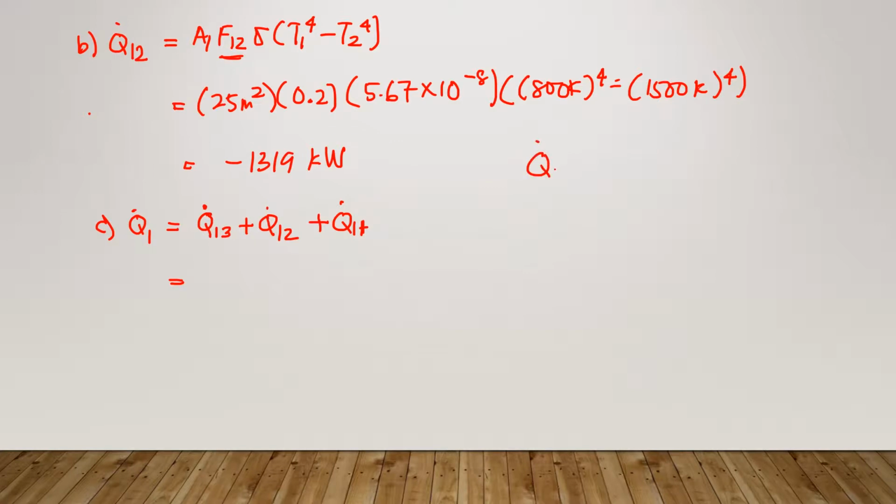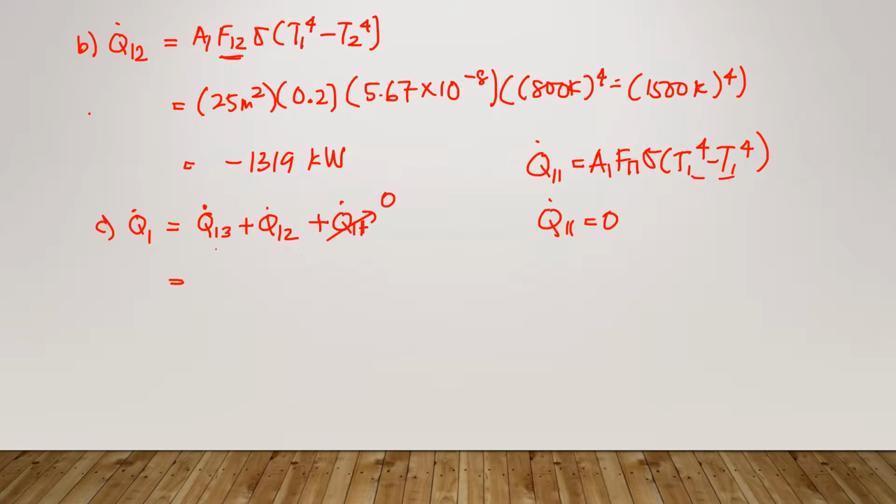Q11 is A1 F11 Stefan-Boltzmann, T1 to the power of 4 minus T1 to the power of 4. Both of these have the same values, so it will cancel out, and Q11 equals 0.